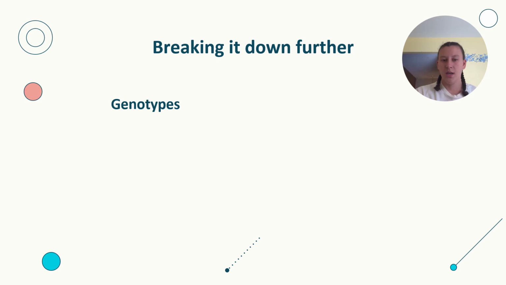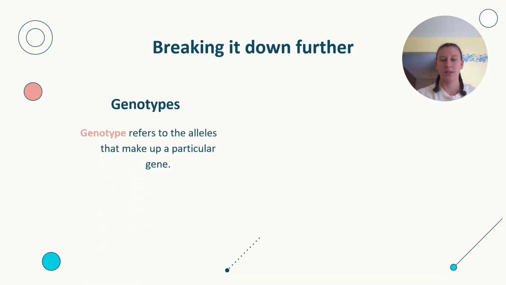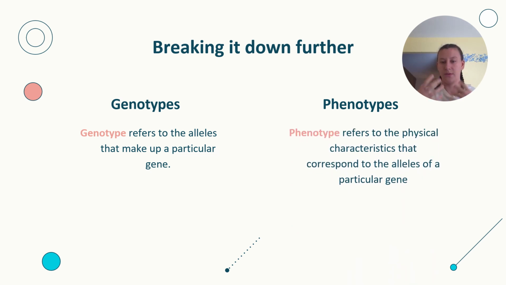So we're going to break it down a little further. You have genotypes. Your genotype is the alleles that make up a particular gene. So your genotype is what is coding for you, where your phenotype is what we physically see. So you have a genotype that corresponds to brown eyes. Like I have brown eyes, I have a specific genotype that would be different than that of someone who has blue eyes. And so your genotype is what codes your phenotype. So your phenotype is what you see.